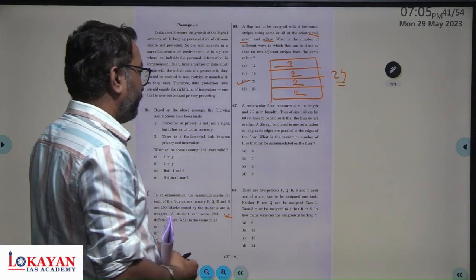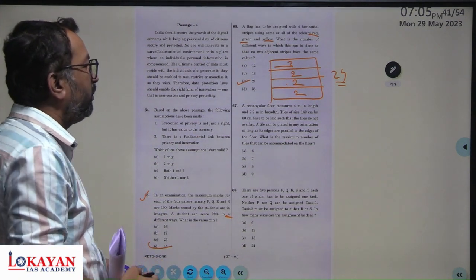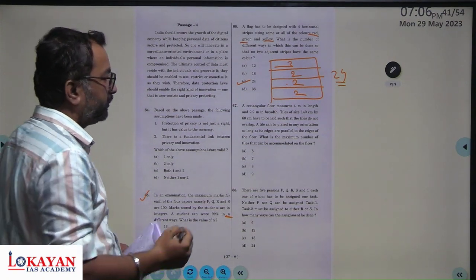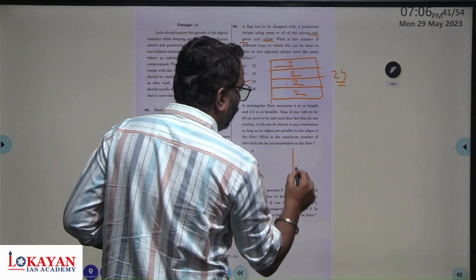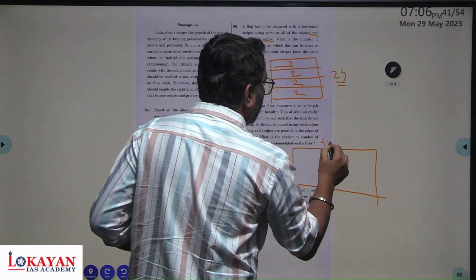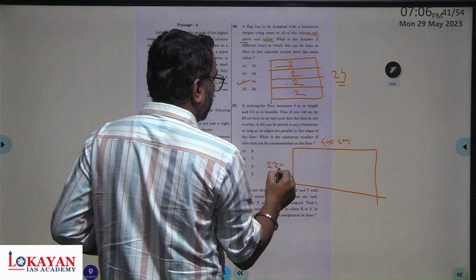Question 67. A rectangular floor measures 4 meter in length and 2.2 meter in breadth, right? There is a rectangular floor. 4 meter means 400 centimeter and 2.2 meter means 220 centimeter.